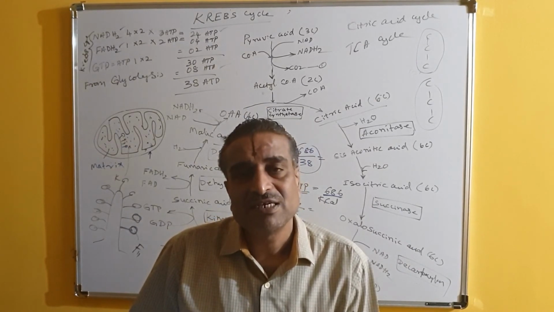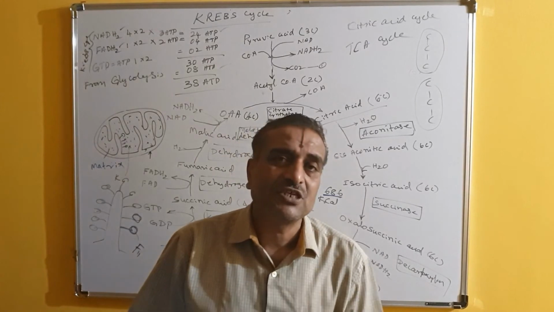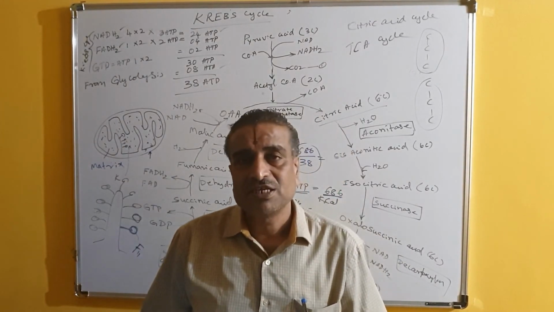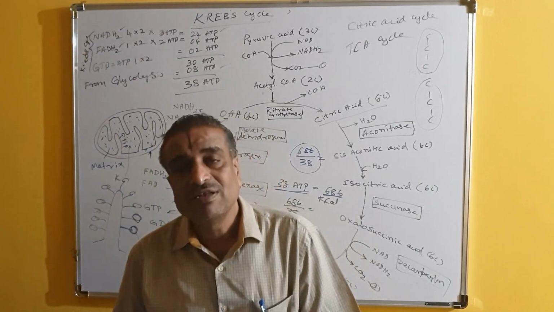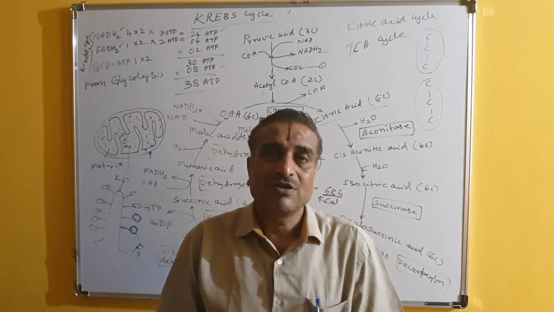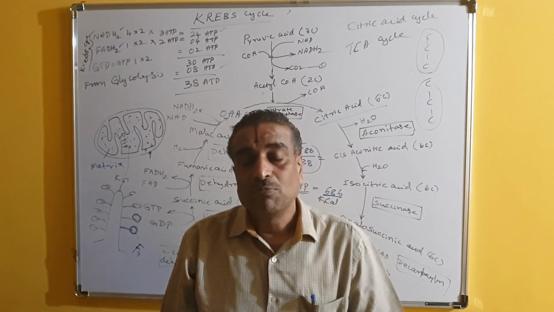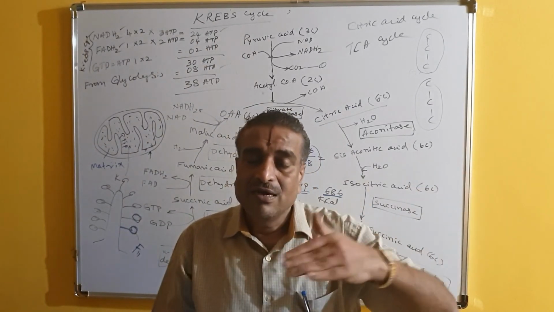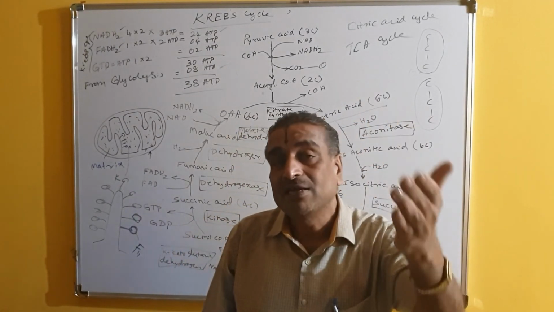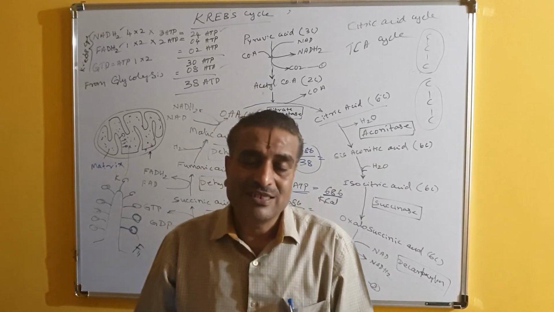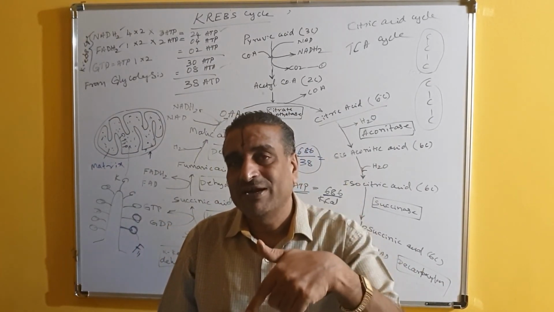This respiration I have completed, that is aerobic respiration. In aerobic respiration we have to understand what aerobic respiration is, what the steps involved in aerobic respiration are, what glycolysis is, what the steps involved in glycolysis are, and what the Krebs cycle is. Between the Krebs cycle and glycolysis there is a connecting link, that is the conversion of pyruvic acid into acetyl coenzyme A, because pyruvic acid will not directly enter into mitochondria.